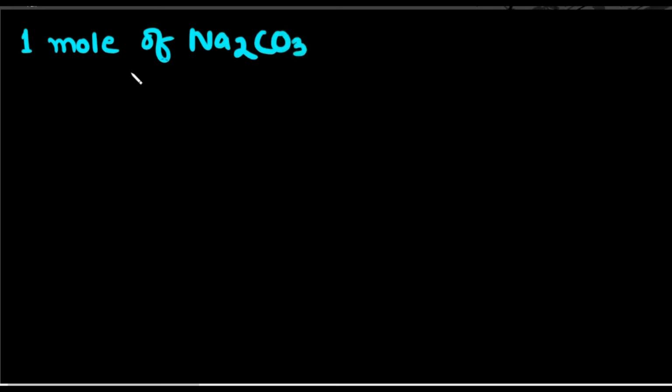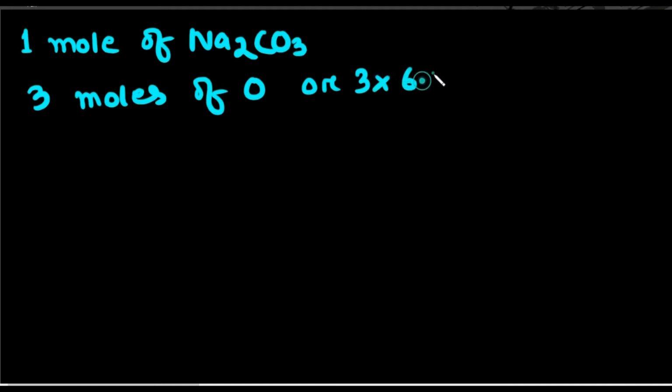And next comes the number of oxygen atoms. So 1 mole of sodium carbonate contains 3 moles of oxygen, or 3 into 6.02 into 10 to the power 23 oxygen atoms.